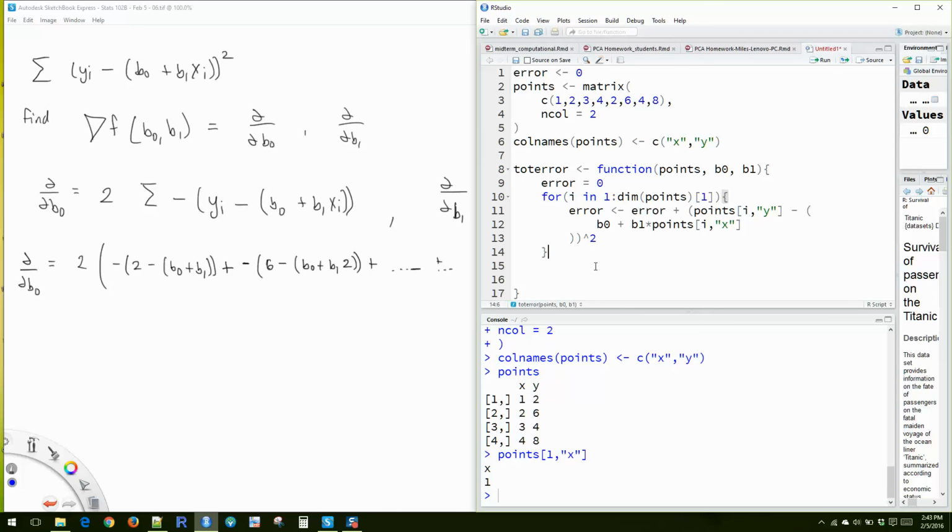Then we return the error after all of this.